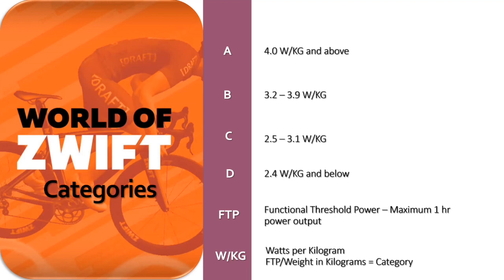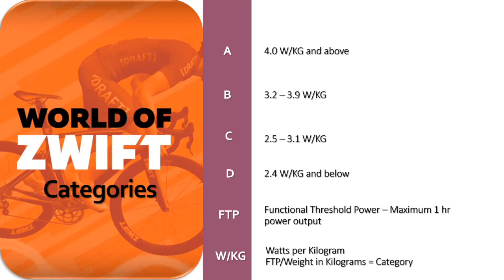Now, for those of you unfamiliar with the metric system, you're going to have to either find a way to convert this, or Zwift will convert it for you, since it will convert your actual weight into kilograms. But for this math problem, I'm going to say your FTP was 210 and you weigh 70 kilograms.